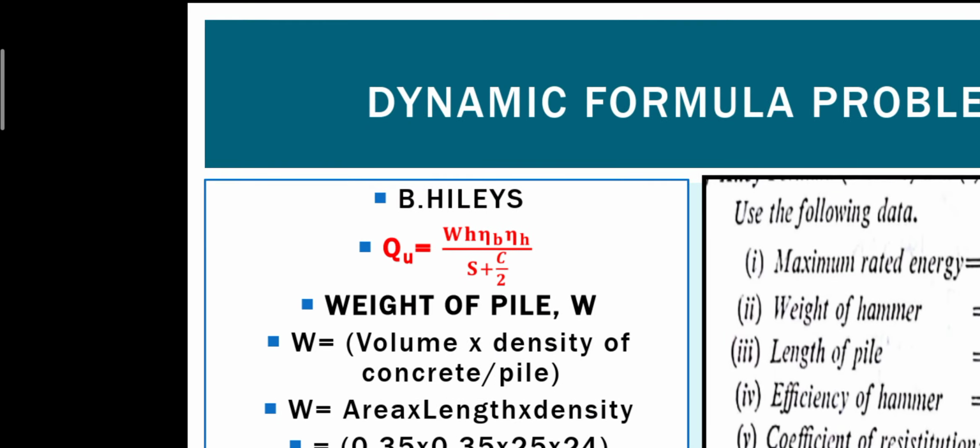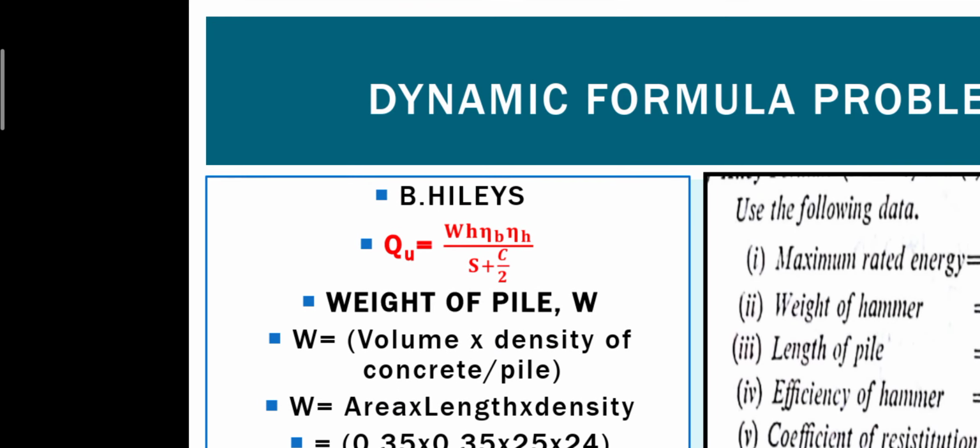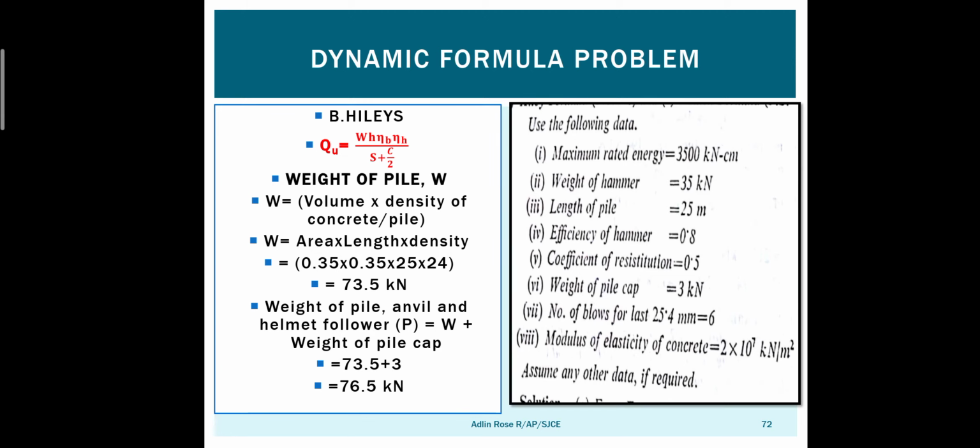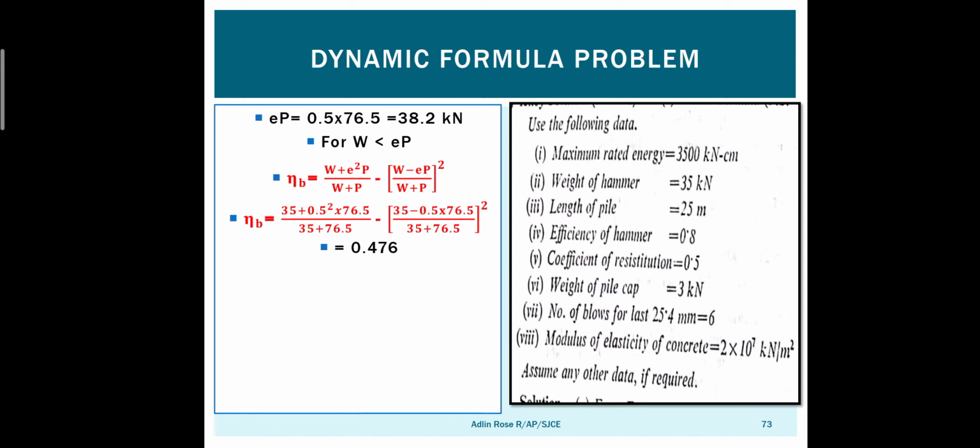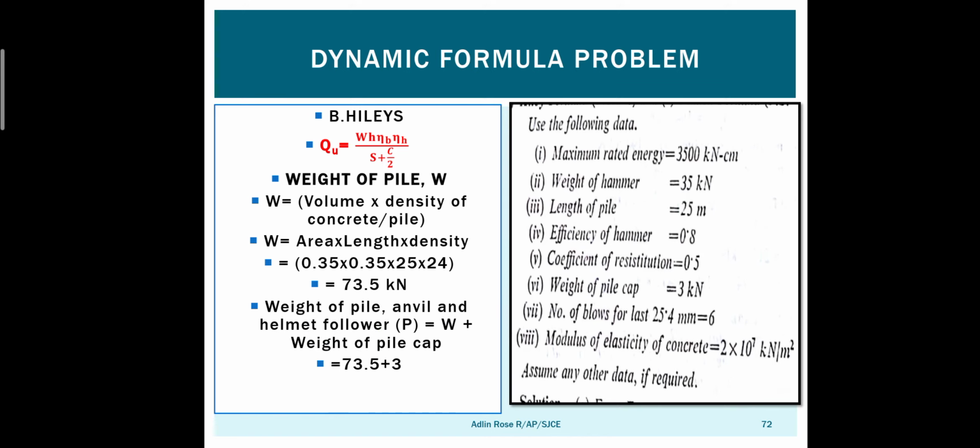Okay, so the weight of the pile is found. Now to find eta b, we have two possible formulas: W less than EP, and W greater than EP. So here, what is the coefficient of restitution? 0.5, E into capital P, just now you found out 76.5 kilonewton.